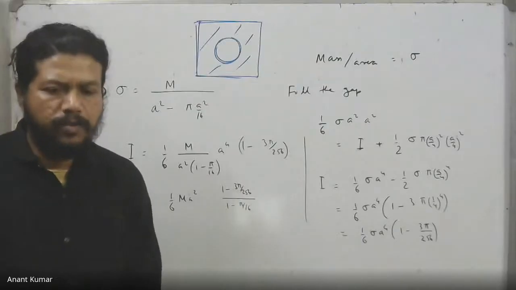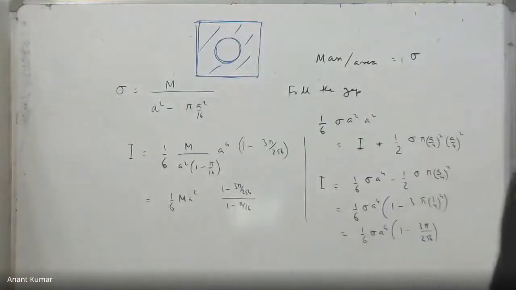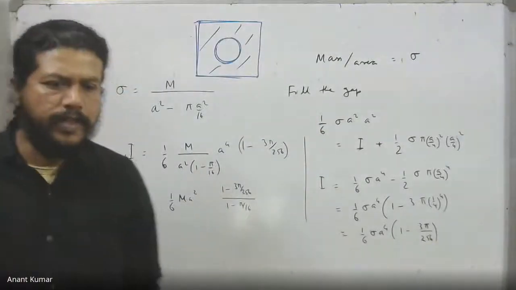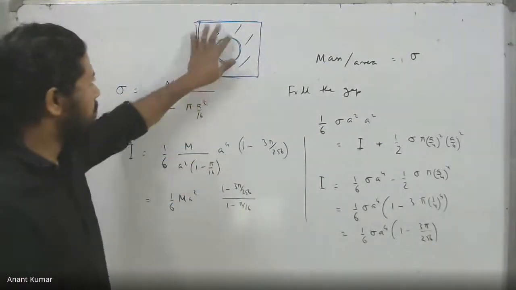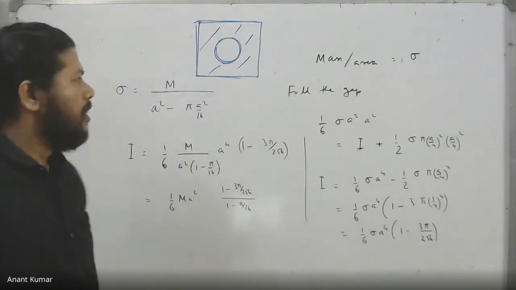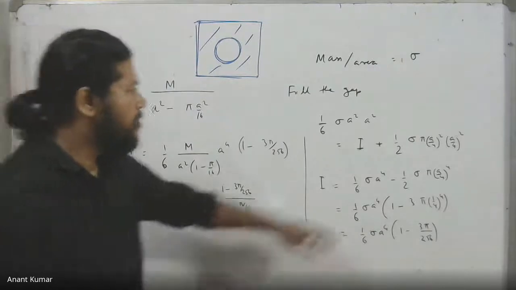The sigma should be m by a square, m was the mass of the remaining portion. So I get then sigma, half into m r square is what I wanted for this disk. M is sigma into the area of this part, which is pi into radius a by 4 whole square, and then radius square, which is a by 4 whole square. That is what I have over there.